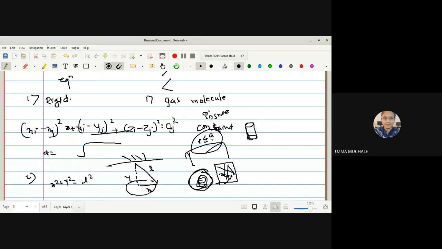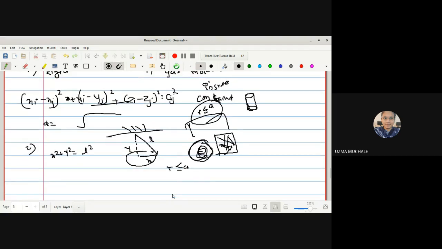The gas molecule can move inside the container with radius equal to some constant a, so we have the relation r less than or equal to a. Equality does not hold; if there is equality, then obviously it will be a holonomic constraint. Okay, are you getting me? These are the non-holonomic constraints and their examples.